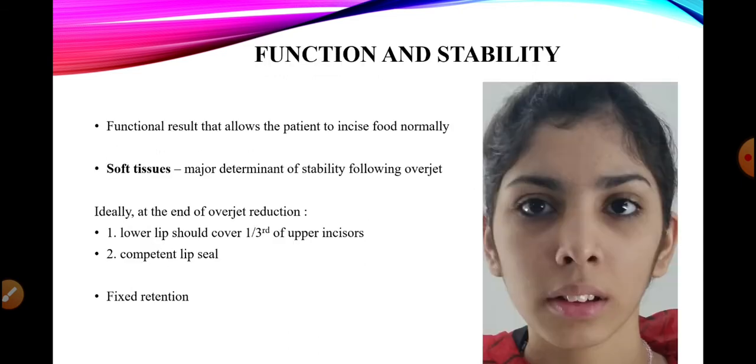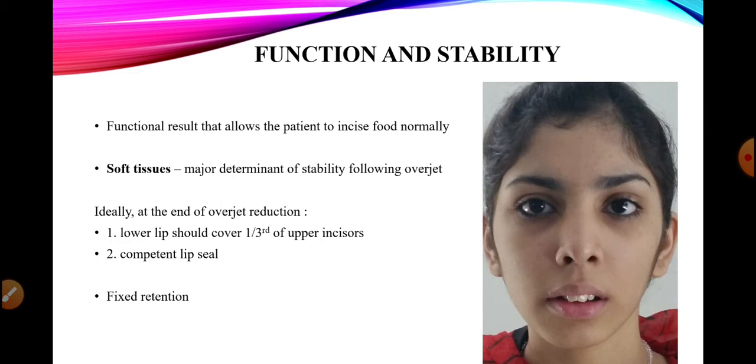And then, talking about function and stability, the functional result provided by the treatment of class 2 division 1 malocclusion, at the end of the treatment, should allow the patient to at least incise the food normally. Why incise the food normally?